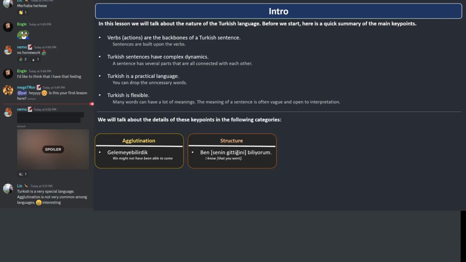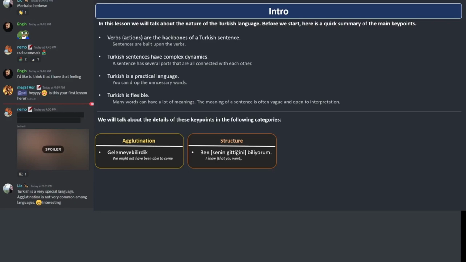The origins of the Turkish language come from nomadic people. They used to ride horses, they used to keep traveling. So they tried to say things as few as possible.